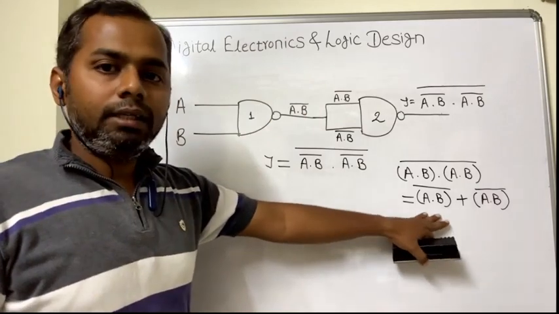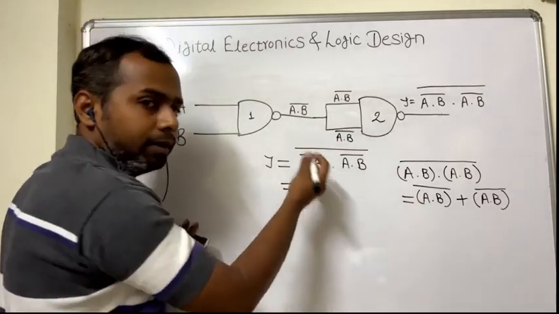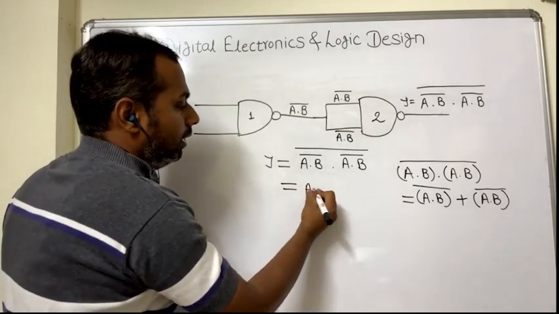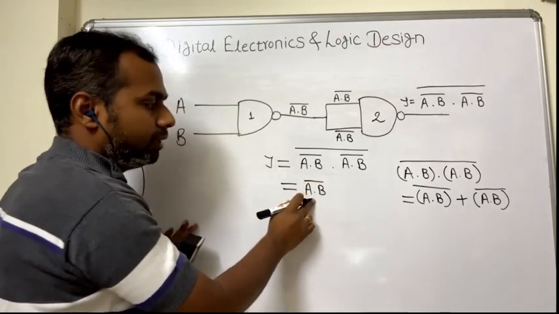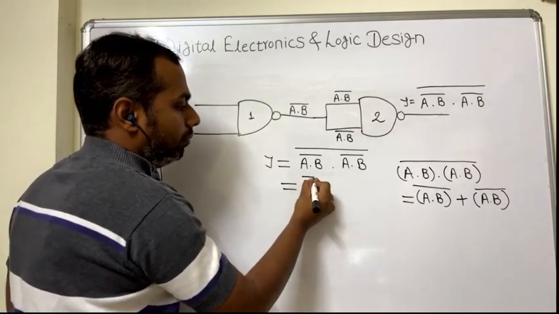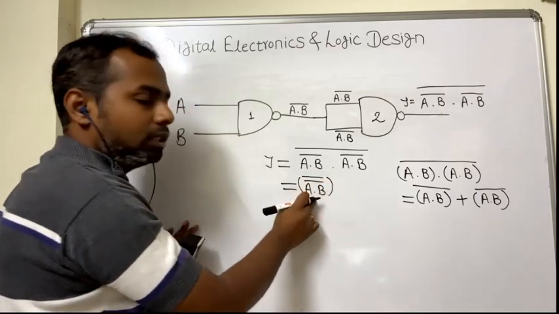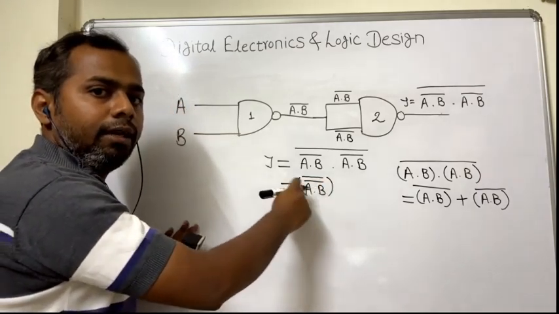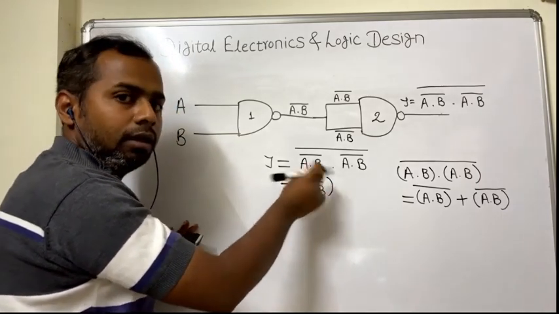So if I apply that theorem here in this case, what is the simplified form? This is my first term. So according to De Morgan's law, let me take the complement of the first term once again. The original term was (A and B) complement, and according to De Morgan's law theorem, again its complement.